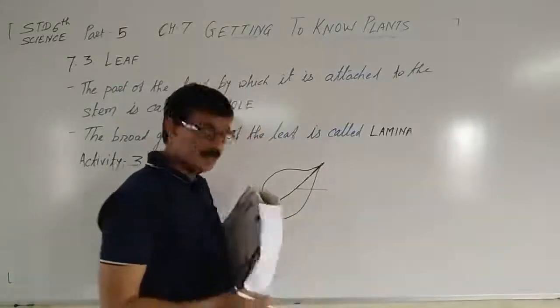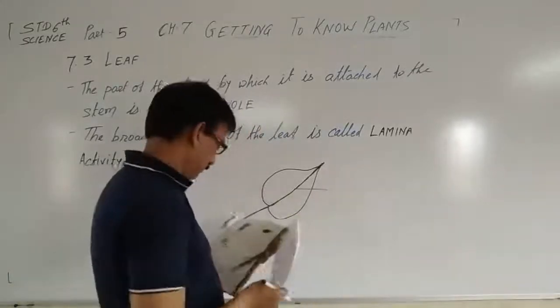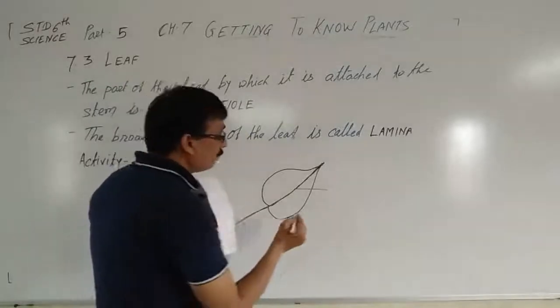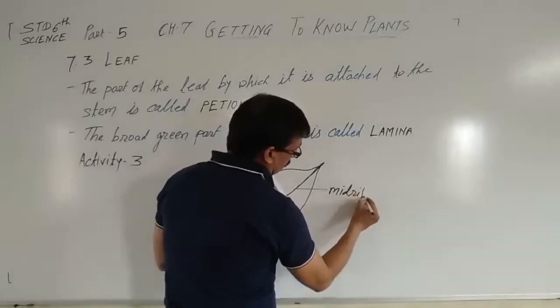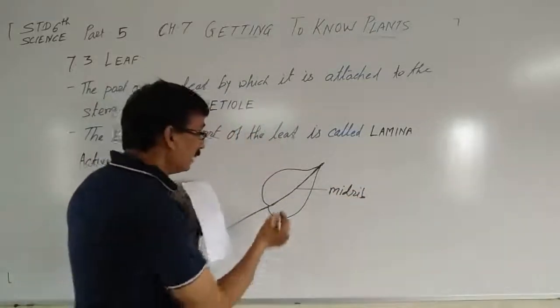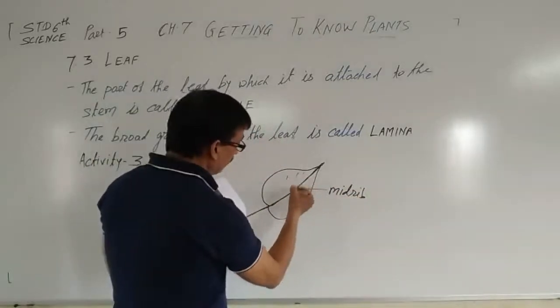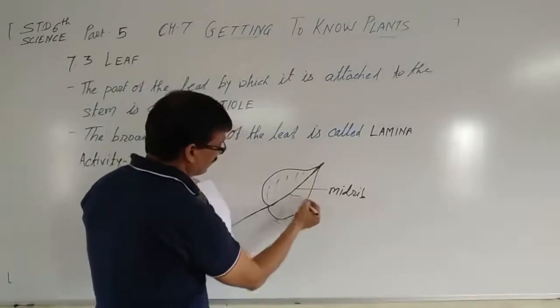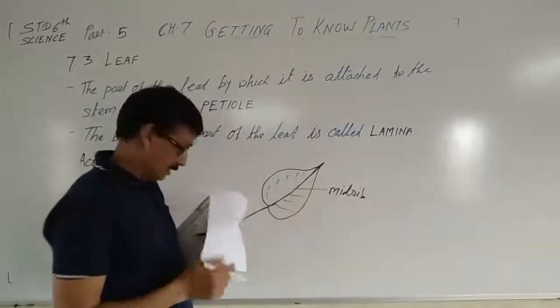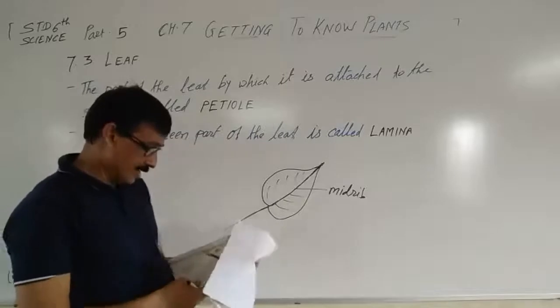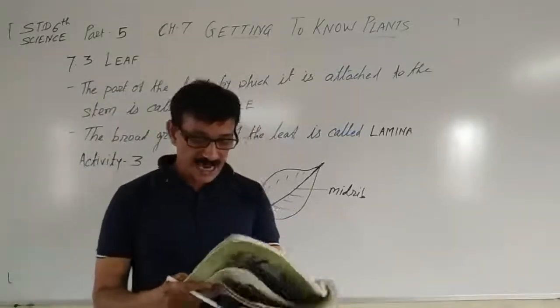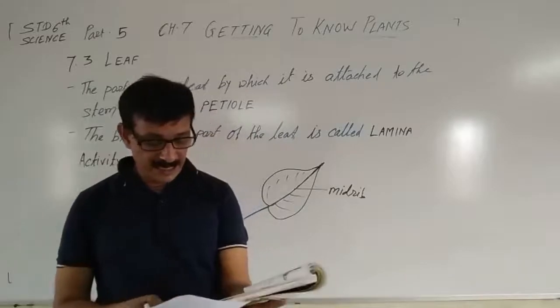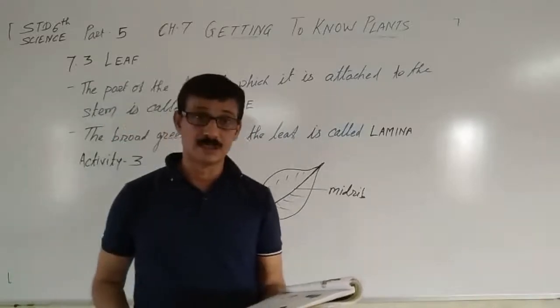This prominent line is called midrib. And you will see this type of lines also are there, isn't it? And those are veins. The design made by veins in the leaf is called leaf venation.